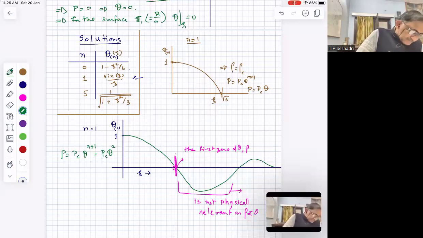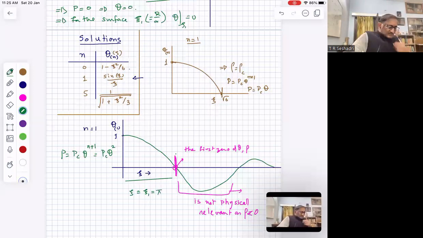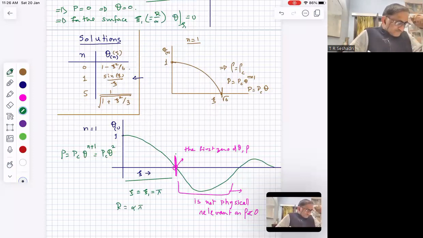So of the system. The system is confined between xi equal to xi1, which is equal to pi, is the size of the system, and hence the total radius of the system will be equal to alpha times pi. Am I clear with this?